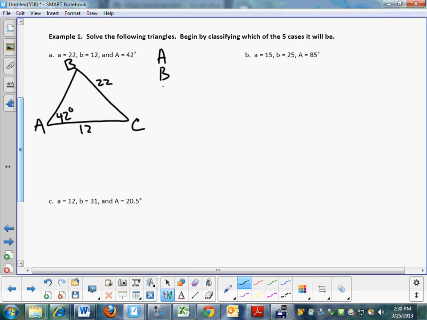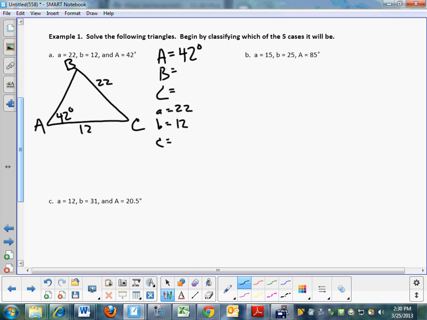I set up A, B, and C. Angle A, 42 degrees. Side A, 22. Side B, 12. Got it. Let's figure out the rest.